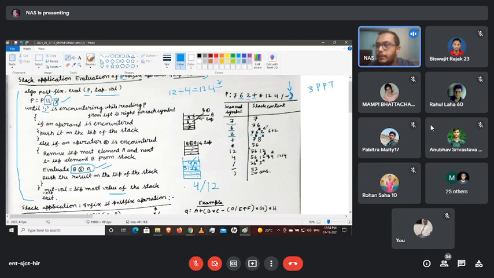Then 6 pops out and comes here, and we get the result 6 plus 2. The result is pushed back into the stack: after performing 6 plus 2, 8 got pushed back. So clear until this line?